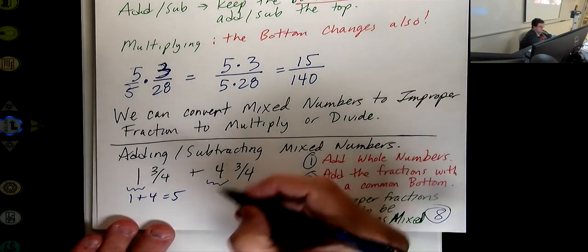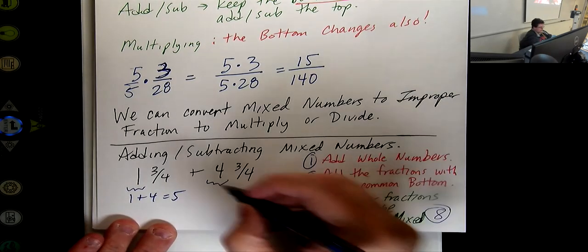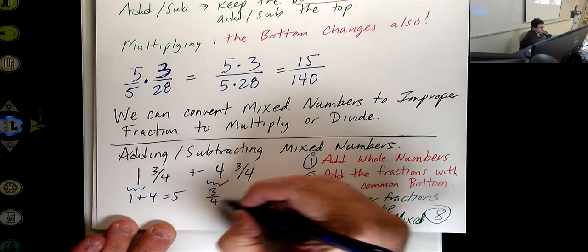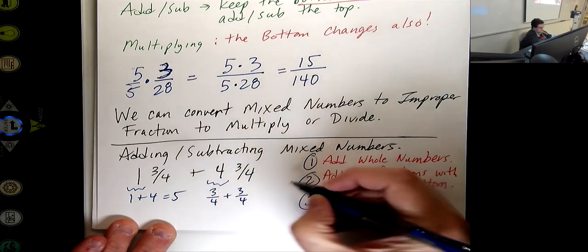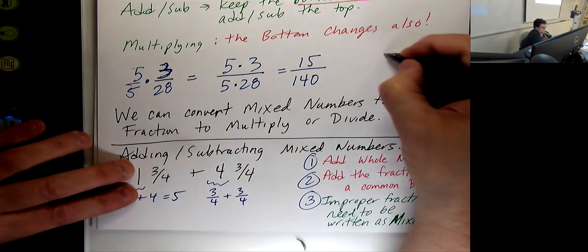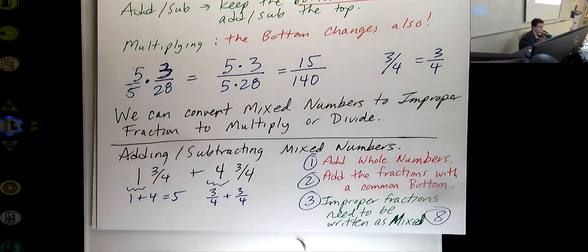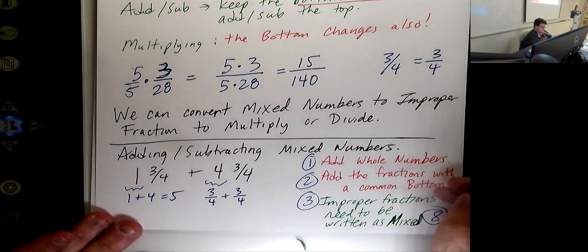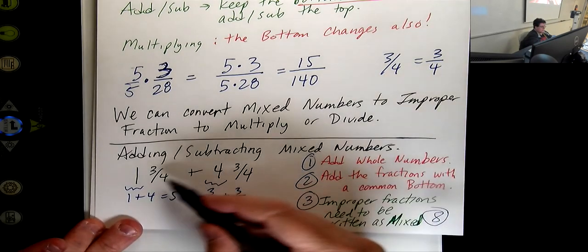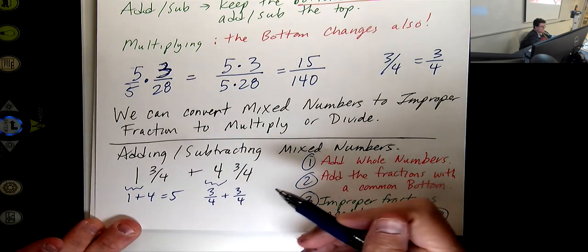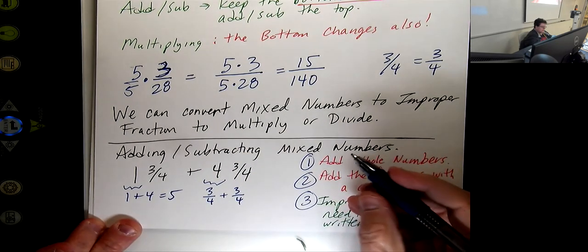Now the next part is to add up the fractions. I've got 3/4 plus 3/4. Writing 3/4 like this is the same thing as writing it like this. You'll see it written both ways. The slash makes it easier when you're having it in text, like in writing. It's easier to keep it on one line.